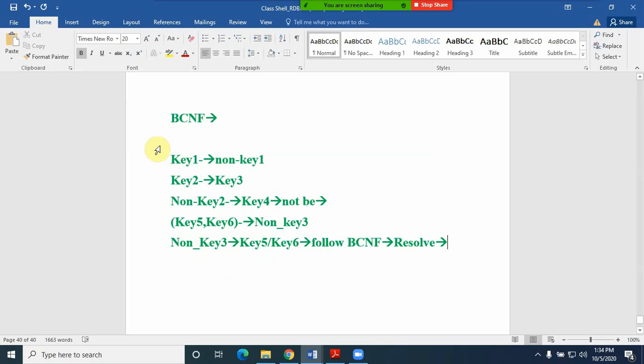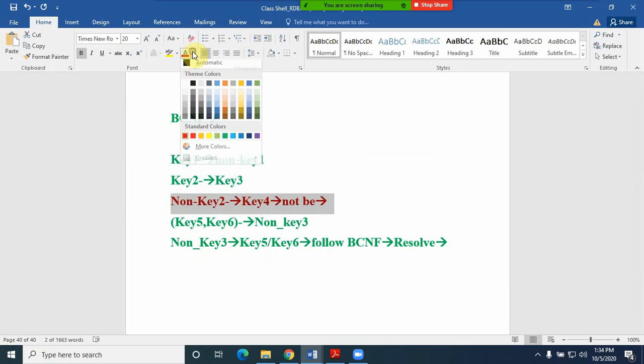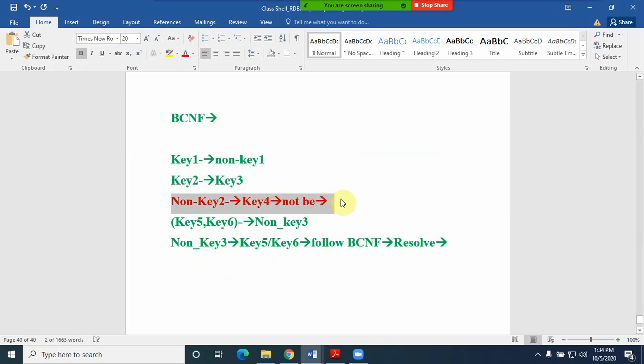Very simple, friends, just observe here: key 1 can determine the non-key, allowable. Key 2 can determine another key, allowable. But this is a dangerous combination and should not be, because a non-key is something we cannot depend on to generate unique records, as it does not have the eligibility of generating records without any ambiguity.